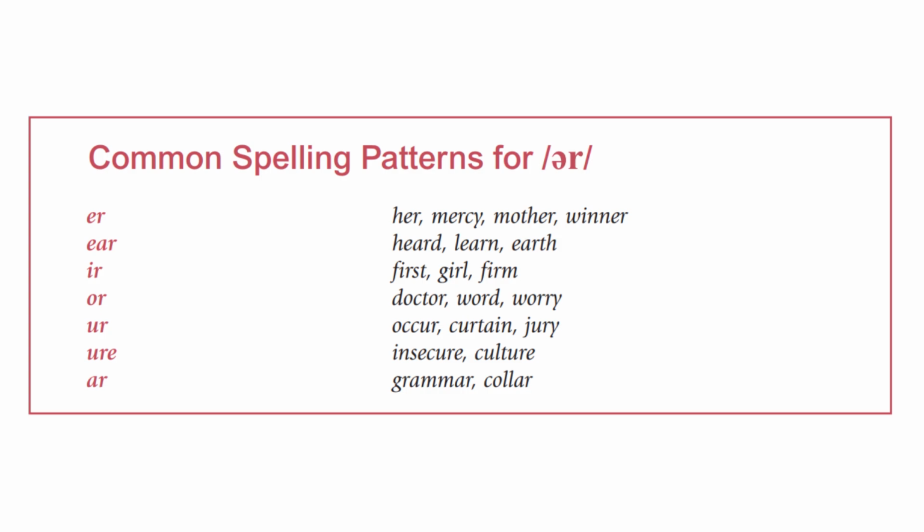IR, as in first, girl, firm. OR, as in doctor, word, worry. UR, as in occur, curtain, jury, URE as in insecure, culture, and AR as in grammar and collar.